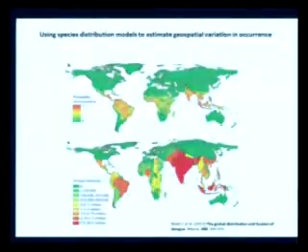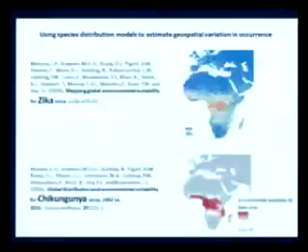And using that, we were able to define the relationship between this predicted relative probability of occurrence and the number of apparent and inapparent cases. So we're able to generate population at risk estimates. And this is one representation of that at the bottom there.